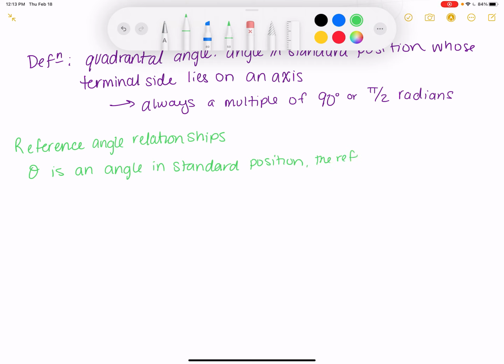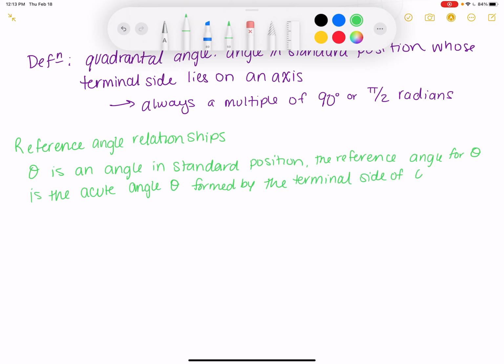The reference angle for theta is the acute angle theta prime formed by the terminal side of theta and the x-axis.